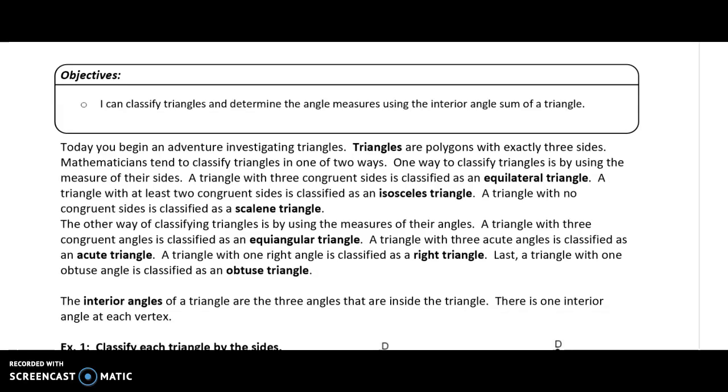So for example, if a triangle has 3 congruent sides, then you can classify it as an equilateral triangle. If you have a triangle with at least 2 congruent sides, then you can classify it as an isosceles triangle.